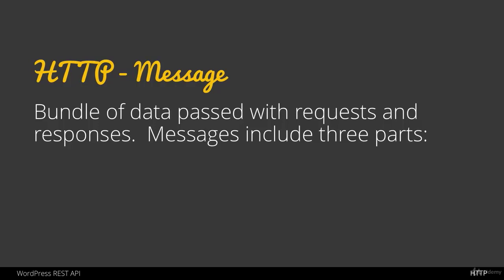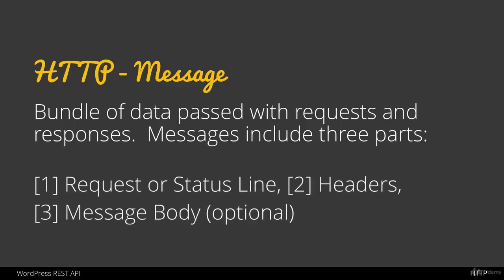They include three important parts that we need to take the time to unpack and understand, because we're going to be engaging with them when we work with the WordPress REST API. These three parts are the request or status line, headers, and then the message body, which is technically optional, but we're going to see it every time we get a response back from an API-enabled WordPress site.